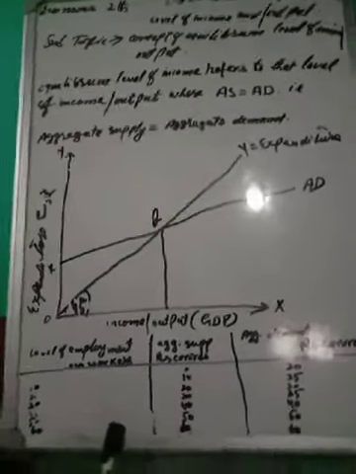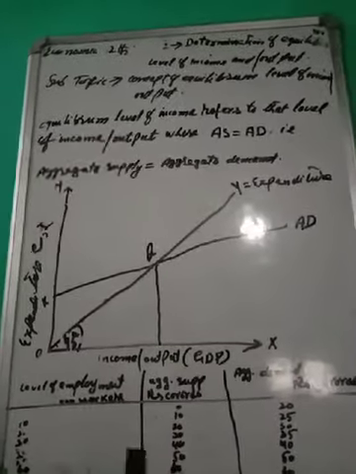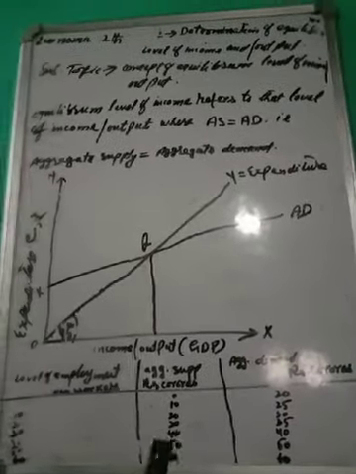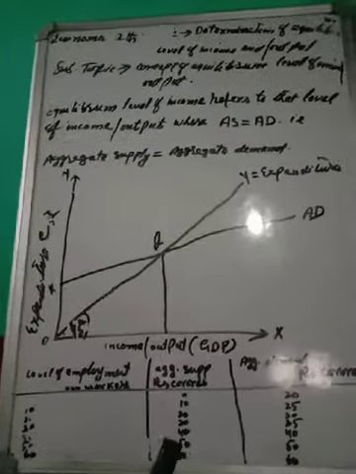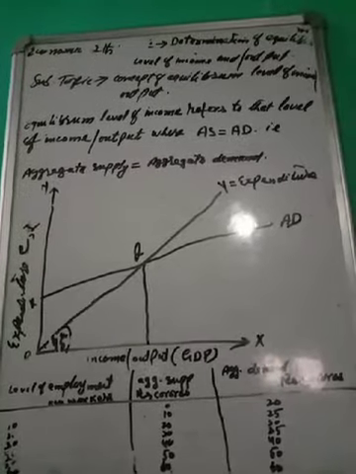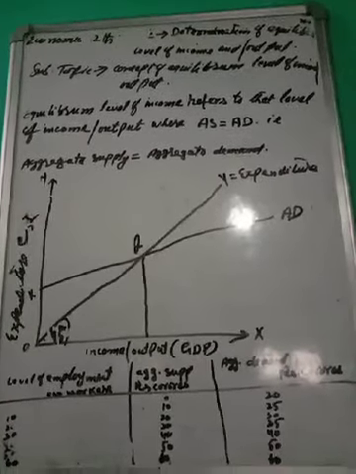This is the tabular presentation. It illustrates the equilibrium level of income and output, GDP, in terms of the equilibrium between aggregate demand and aggregate supply.